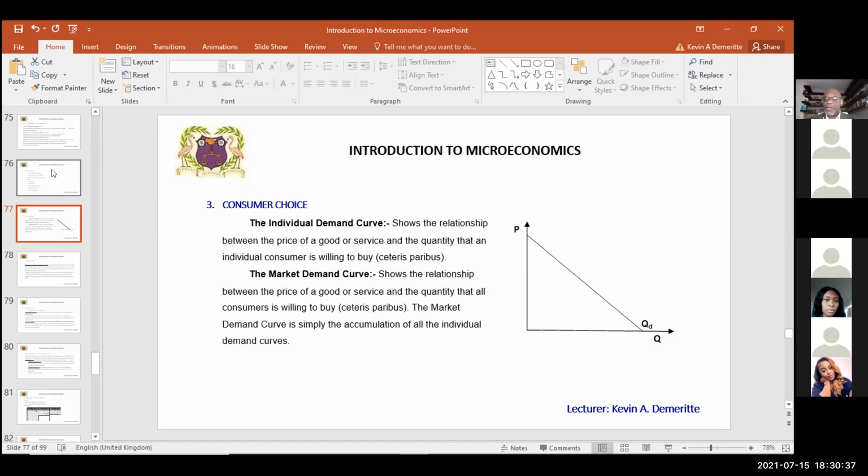So the first thing we want to talk about very quickly is that each customer has an individual demand curve for every individual product. And of course, this is all going on in the back of our customers' minds, but we're trying to formalize what we know is happening, even if it's happening on a subconscious level. An individual demand curve shows the relationship between the price of a good or service and the quantity that an individual customer is willing to buy.